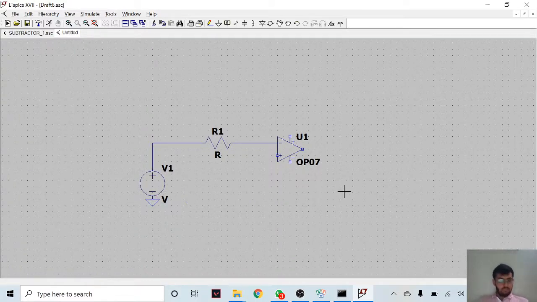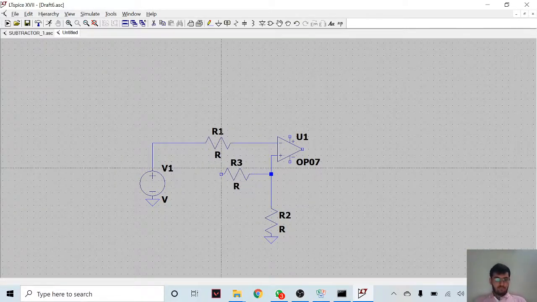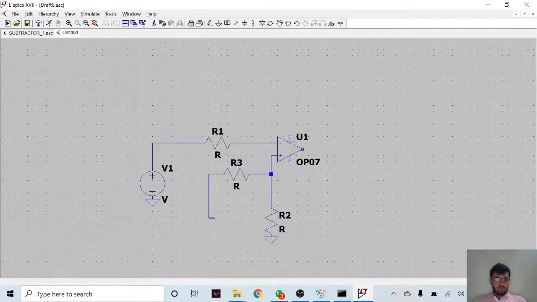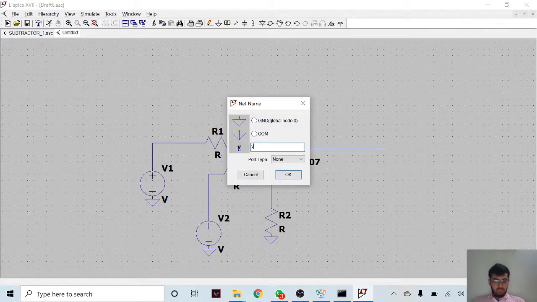We'll be grounding this terminal. We'll be measuring output here, so we'll label this as V out.